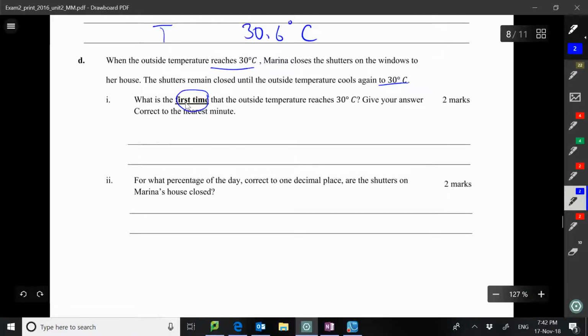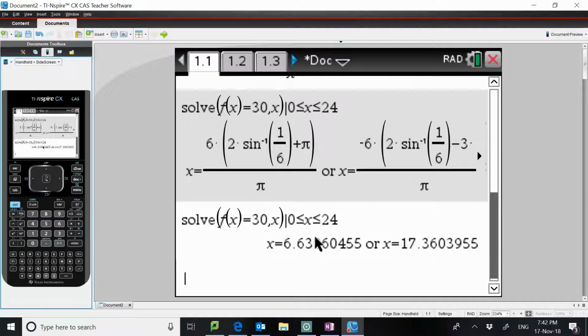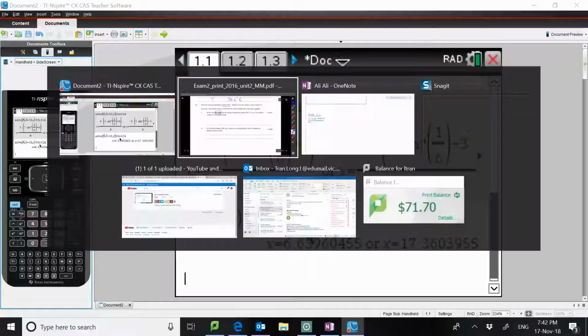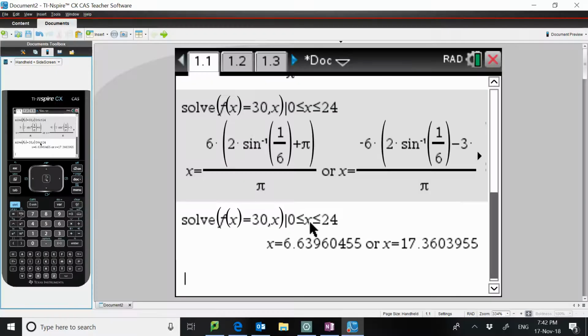So here it says, what is the first time that the outside temperature reaches 30 degrees? Correct it to the nearest minute. Well, this is 6.639 hours. This is in hours. How do you change hours to minutes? Well, you already know it's 6 hours. You just need to know what 0.639 is closest to.